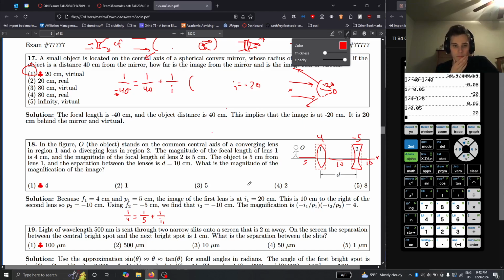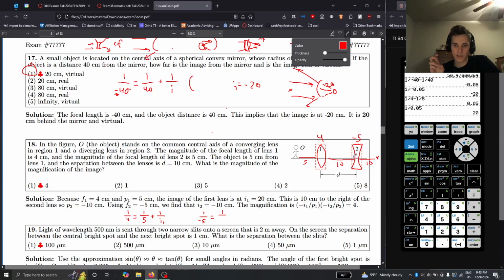Okay, cool. Interesting. We'll go to the diverging lens. So 1 over that focal length, which we said was negative, is equal to 1 over p. Now, this first image, I1, will act as p2. Normally with lenses, any starting image that's on the left will be positive, right? We expect something to come in here, get diffused, and that's it. Here, we're actually starting from the other side, the wrong side.